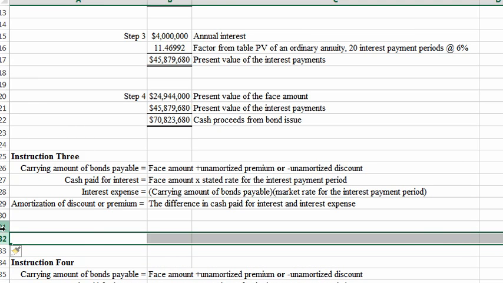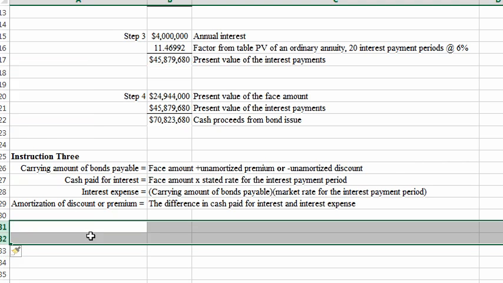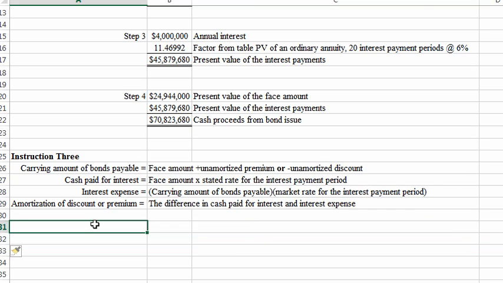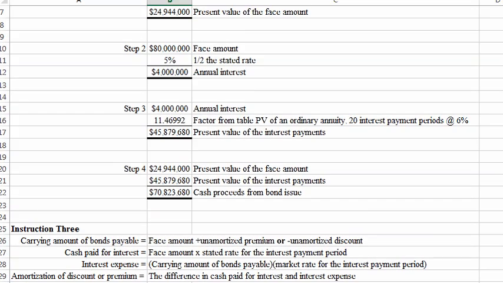So let's calculate these here. We'll start with cash paid for interest. Well, that one's pretty easy. You've actually already got it calculated up here, right? How much is interest every 6 months? $4 million, right?